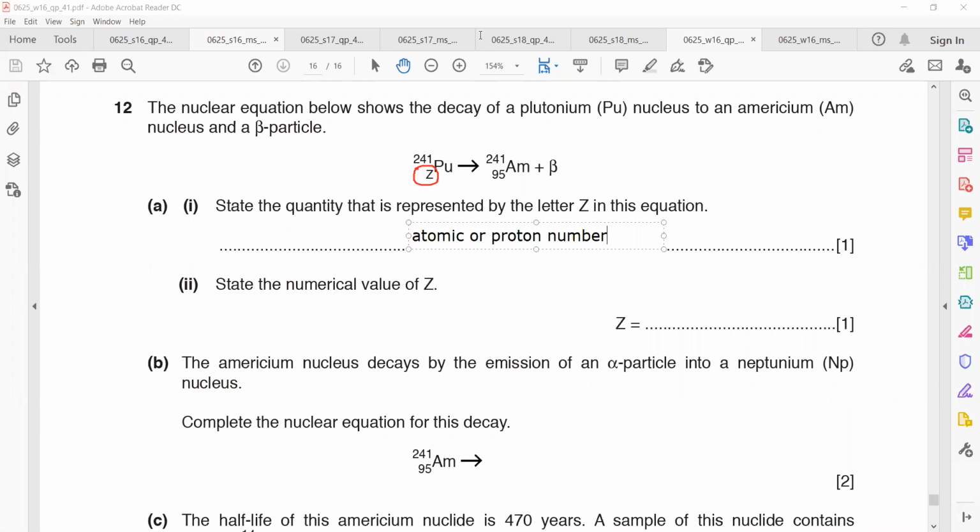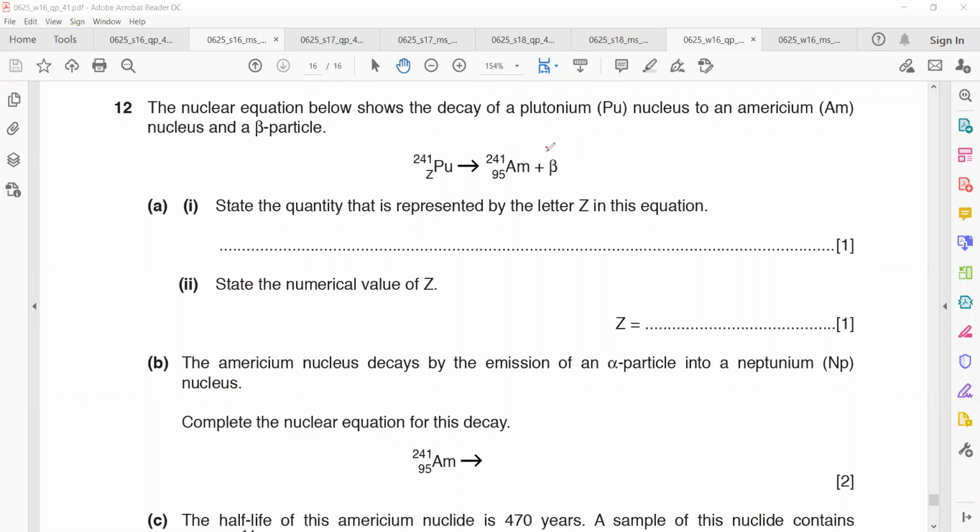Then what is the numerical value of Z here? Z is equal to 94. Basically, you can check because 95 minus 1, so on the right-hand side we have 94, so on the left-hand side we should also have 94. On top, 241 plus 0 gives 241. Why 94?